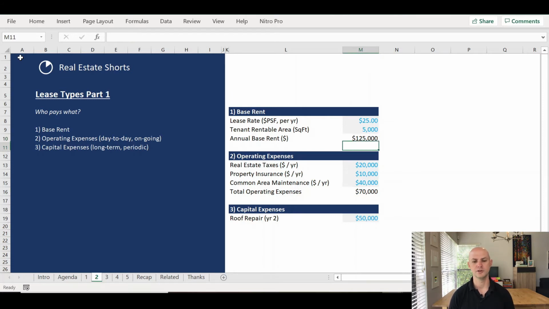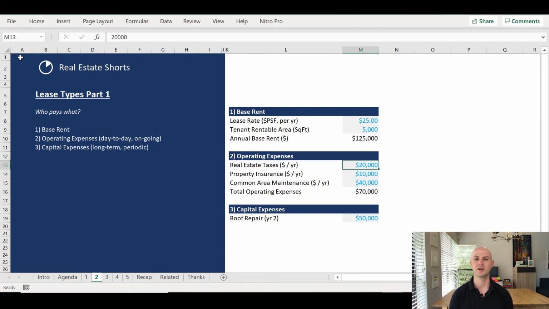As you well know, operating a building comes with a cost: taxes, insurance, utilities, maintenance, management, and so on. In this case, we'll group them into three subcategories. Under operating expenses, we'll have real estate taxes, insurance, and this catch-all umbrella category called common area maintenance.